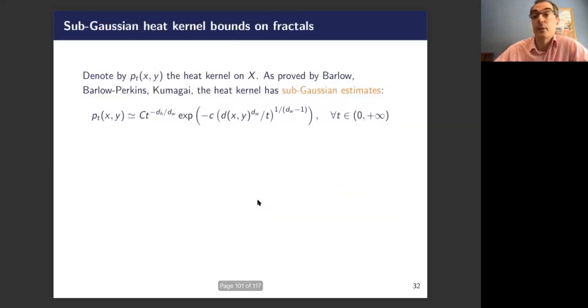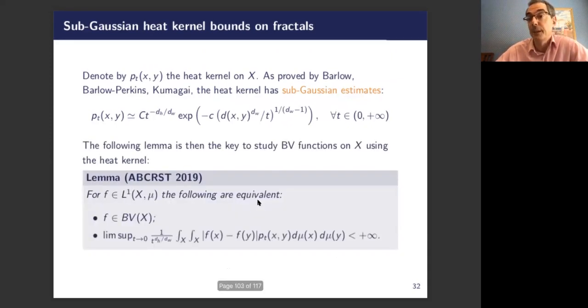And once we have the heat kernel associated with the Dirichlet form, we can use the same heat kernel techniques as we did in Rn, or as we just did in the context of metric measure spaces. And in particular, we obtain the heat kernel characterization of the BV space using the heat kernel of this canonical Dirichlet form that lives on the fractals.